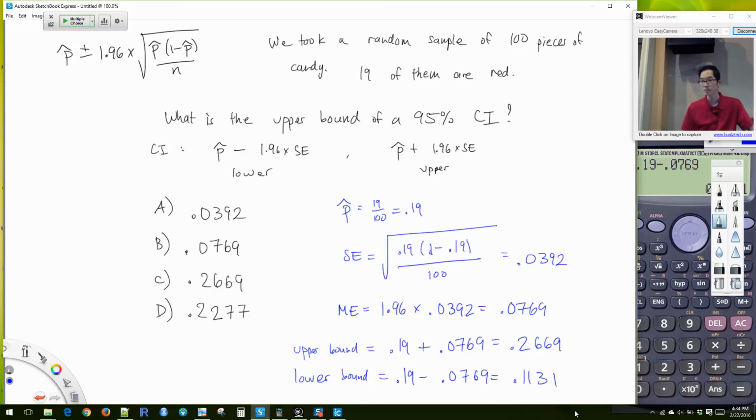So my confidence interval would go from 0.1131 to 0.2669.